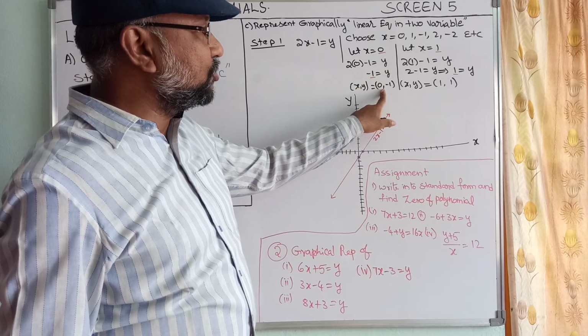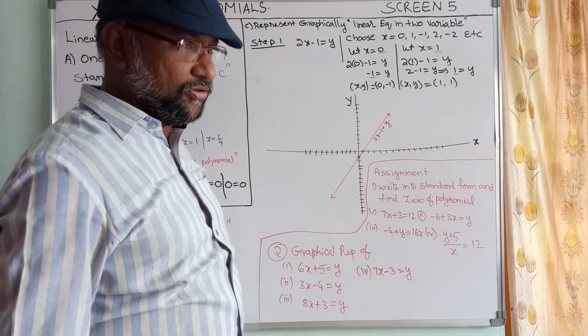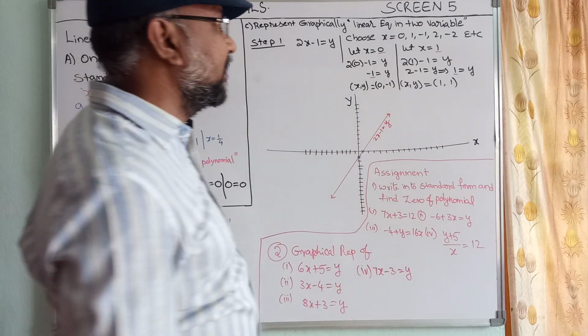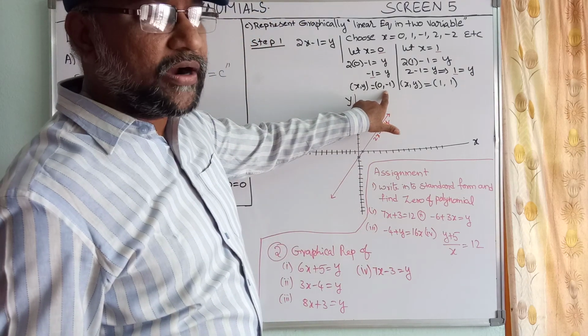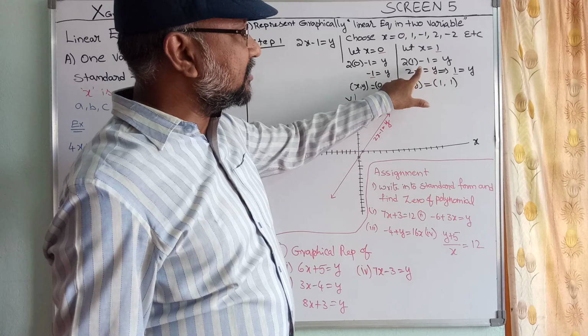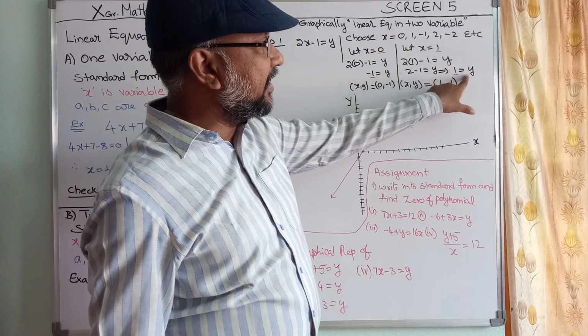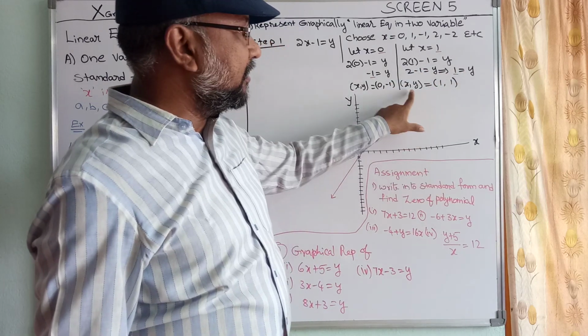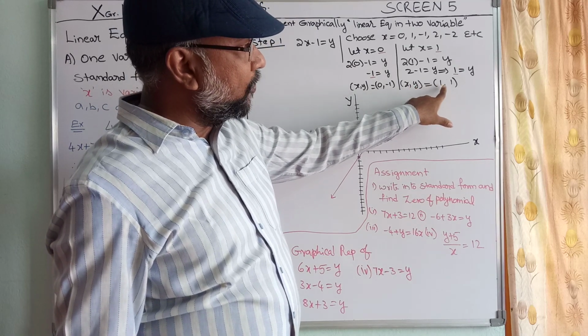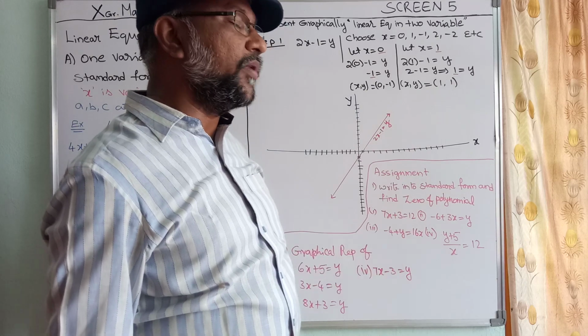Here 0 comma minus 1 we got. Therefore this is one coordinate we got. Now let x is equal to 1 and substitute in the equation, you will get y value, it is 1. In the same way x comma y, that is 1 comma 1 we got.